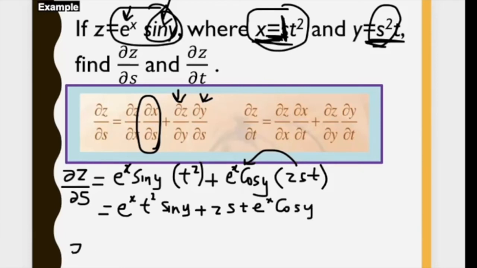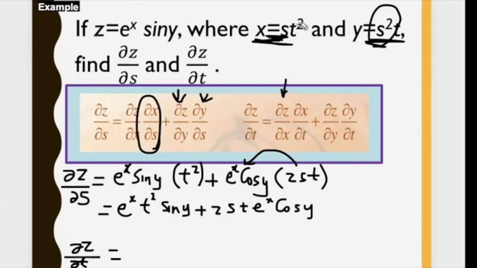Now to find the partial derivative of z with respect to t, this is what we will have. We will be finding the partial derivative of z with respect to x, so let me remove this. We've done this already, but I'm going to redo it. Differentiating with respect to x, we differentiate e to the x to get e to the x, and then rewrite sine y.